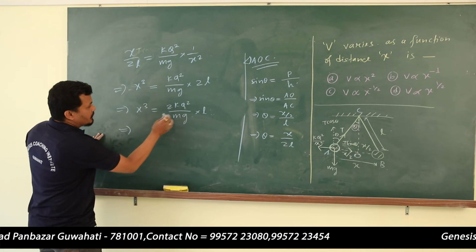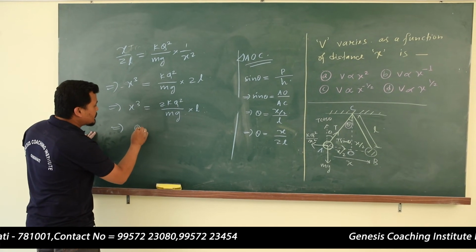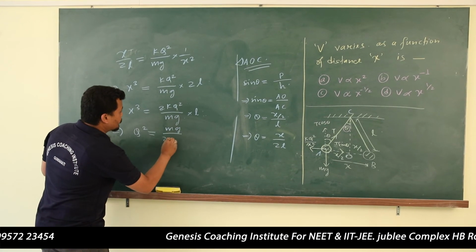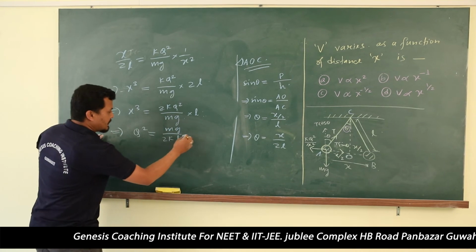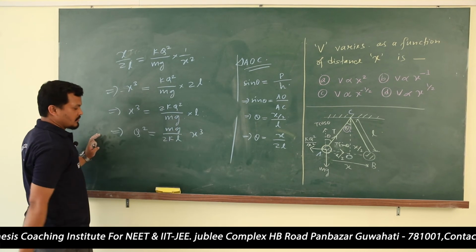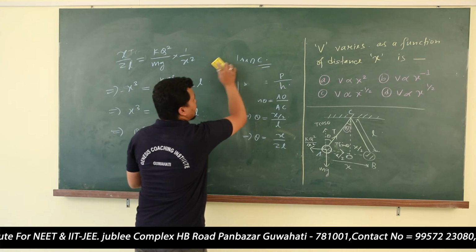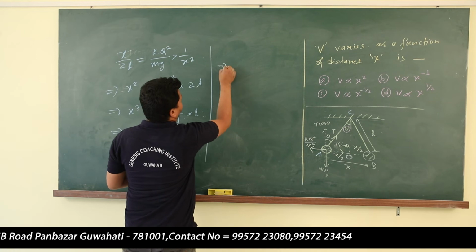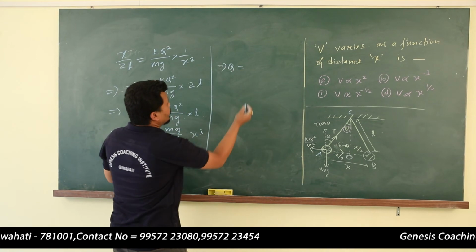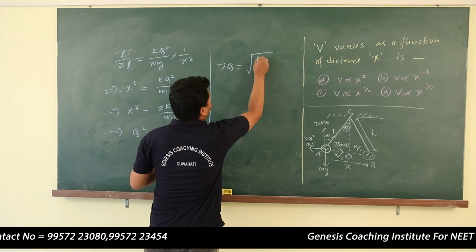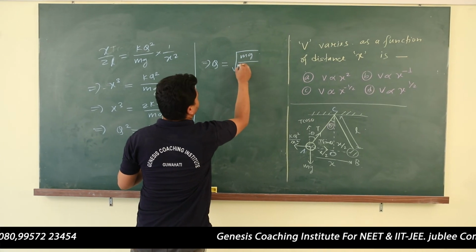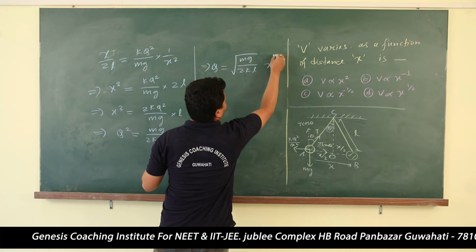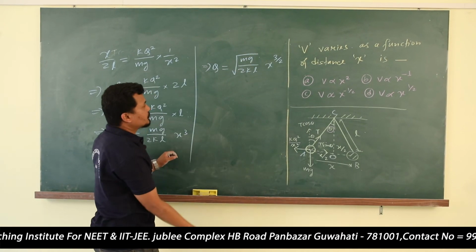Now from this equation we get q square equals mg by 2kL into x cube, or q equals root over mg by 2kL into x to the power 3 by 2.